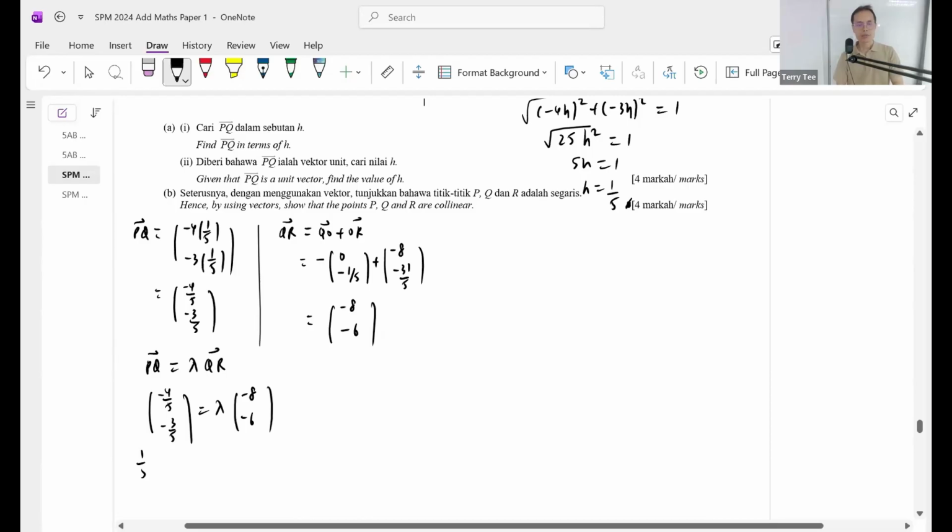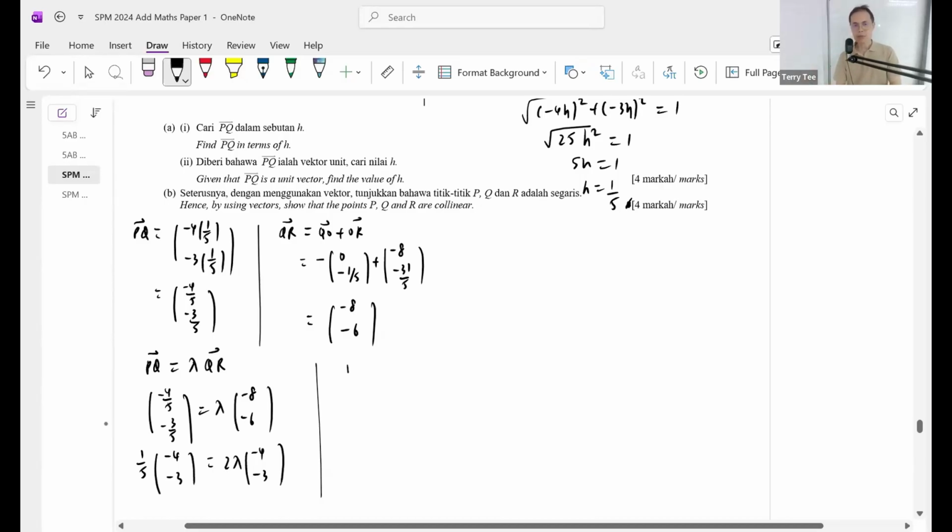Take out 1 over 5, negative 4, negative 3. Take out 2, negative 4, negative 3. Again, you can write in IJ form, but for me IJ form is a bit harder because you have to write the i and underline, and write the j and underline, a lot more work to be done. So I prefer column vector, unless the question asks you to write in a specific way. The question never says you have to write IJ form, so I use column vector.